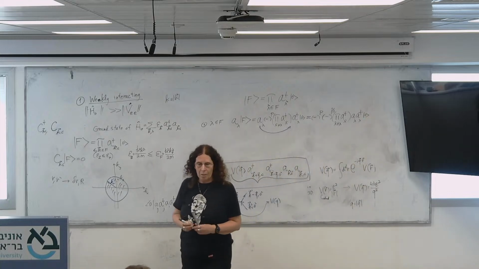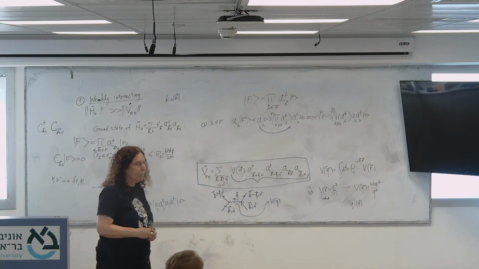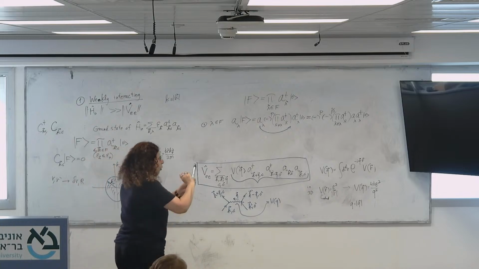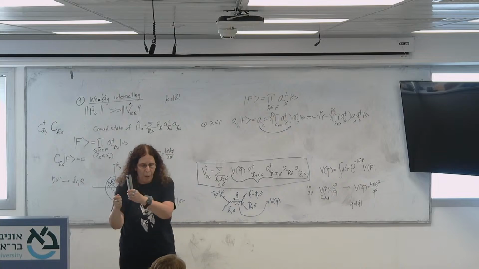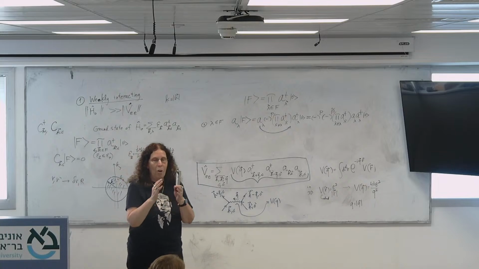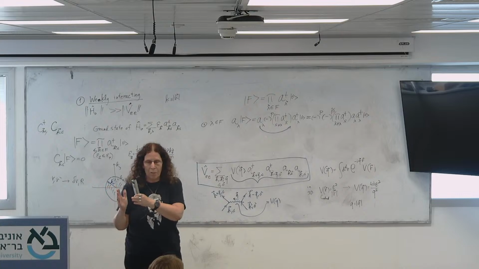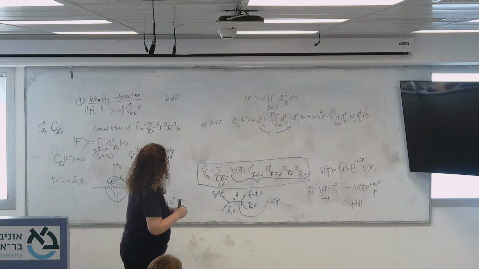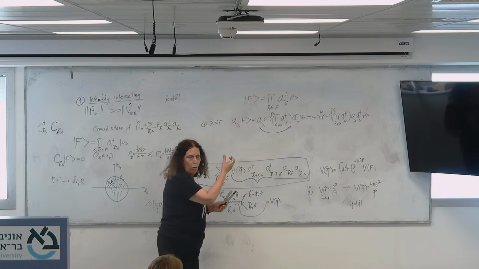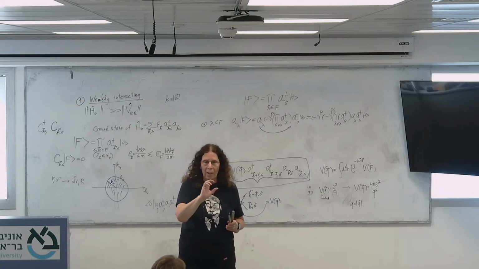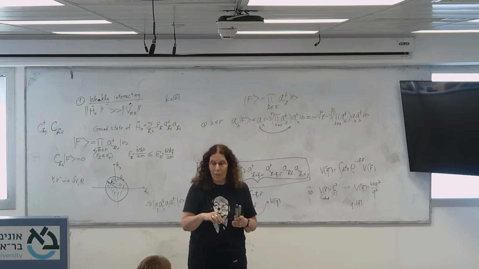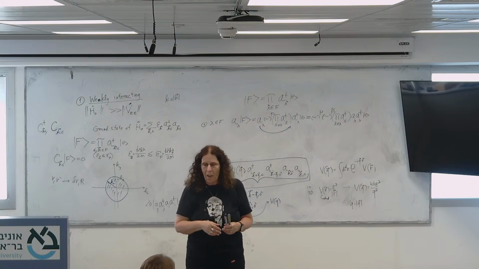Yes? What does minus mean? It means that when I reshuffle operators that all have different quantum numbers, the commutator or anti-commutator never gives me a 1. Each time I do a permutation, I pick a minus sign if there is an odd number, or a plus sign if it's even.